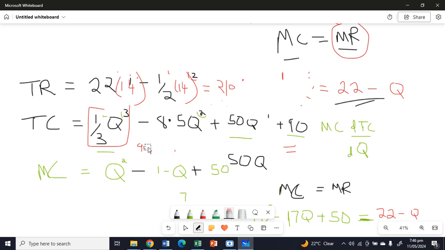Then negative 751 plus 50 times 14 gives negative 51, plus 9. Yes, 38.6, madam. That's correct. 38.6 is the total cost.